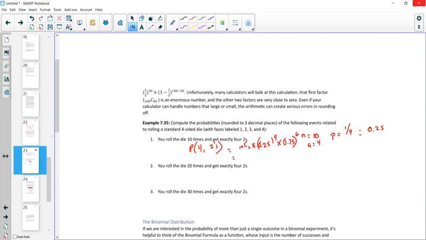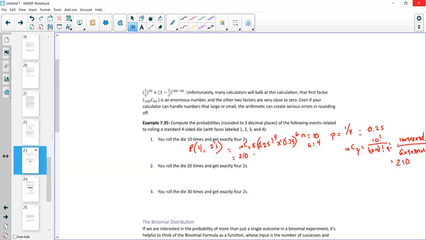And we get 10 choose 4 is 10 factorial over 10 minus 4 factorial, 4 factorial, which is 10 times 9 times 8 times 7 times 6 factorial over 6 factorial times 4 times 3 times 2 times 1, which is 210.